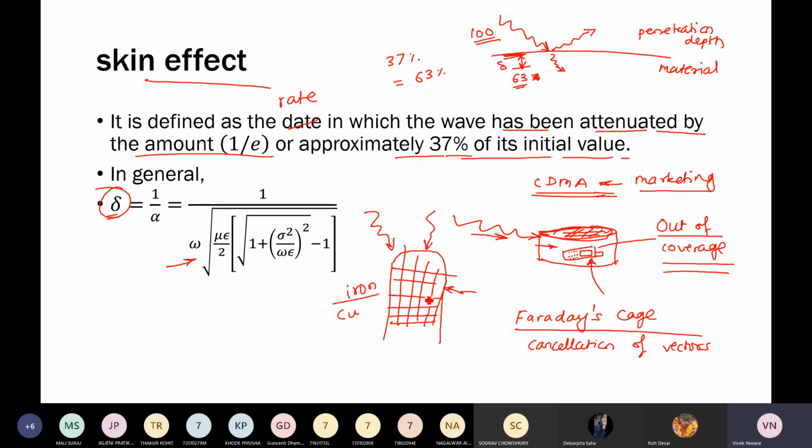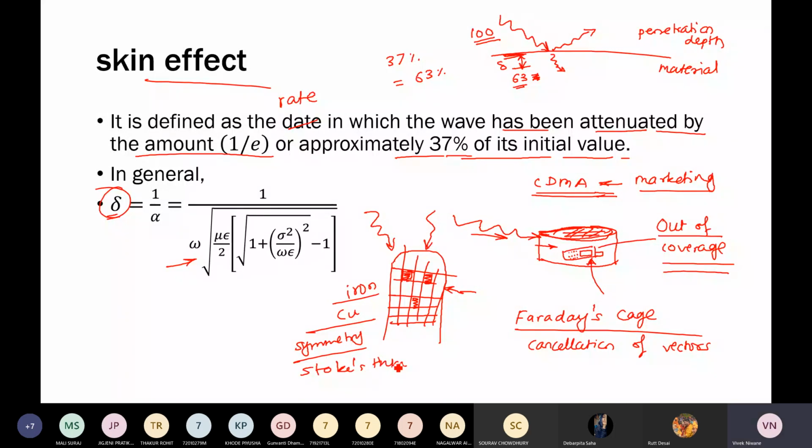But I will say it is not able to penetrate because there are cancellations of some of the vectors due to symmetry conditions, and as you can observe, we do have small rectangles.